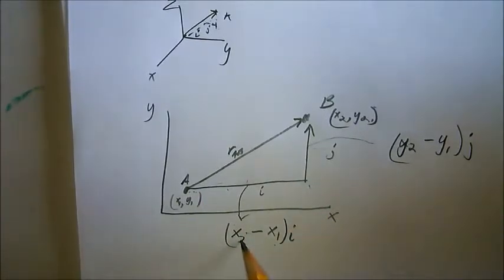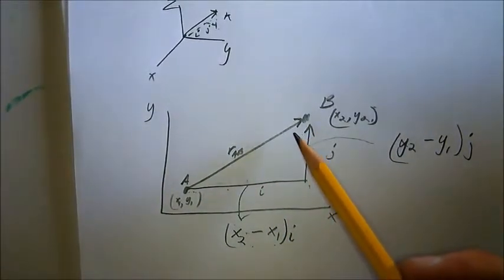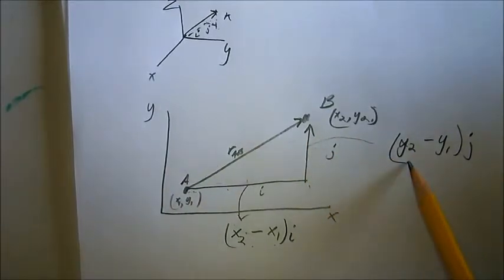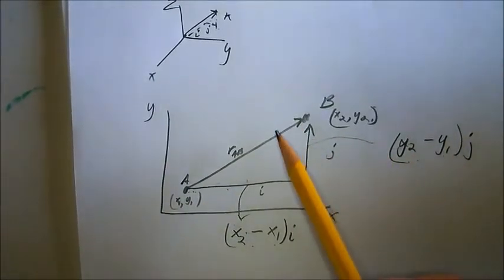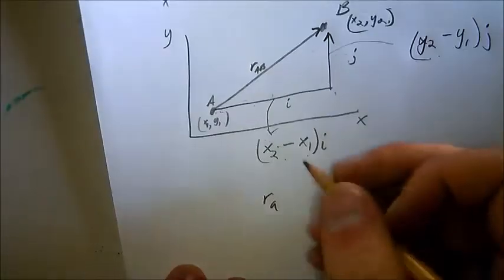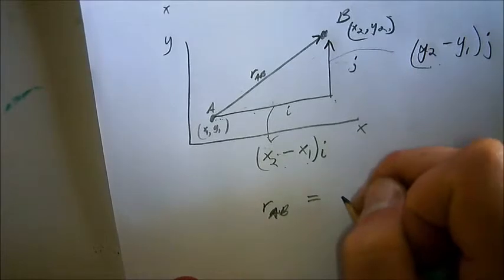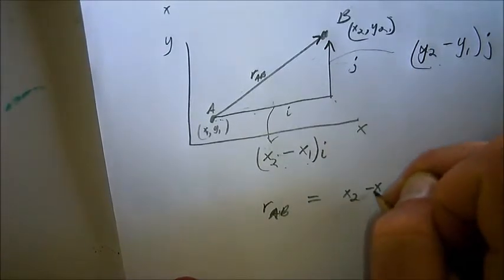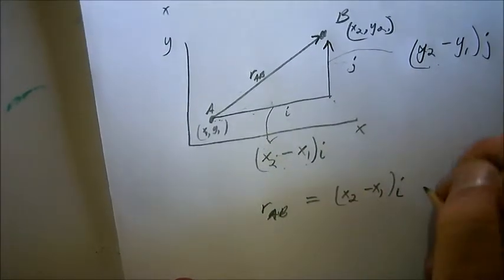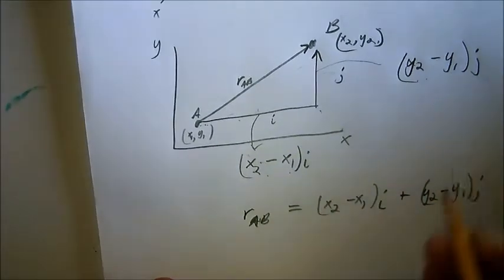And as I said before, these are exactly the formulas you would use to find slope or distance of a line in a normal 2D graph. The thing is, when you get into 3 dimensions, that gets a little hairy, so you want to make sure you can break it down into i and j components. But any vector then, this total vector, RAB, will equal x2 minus x1 i plus y2 minus y1 j.